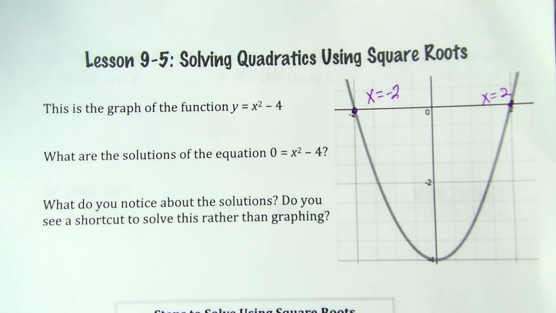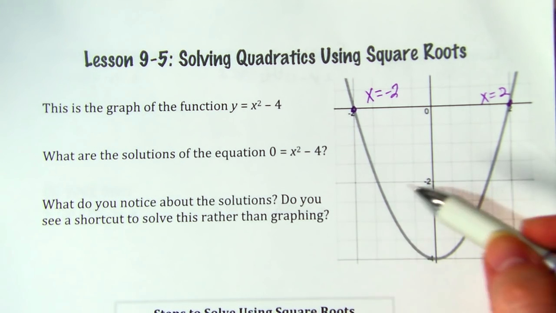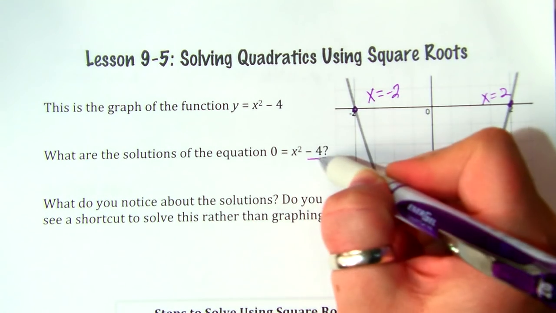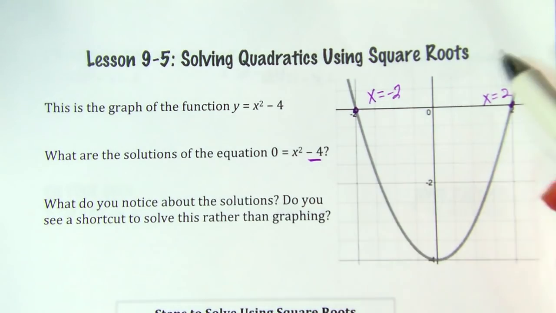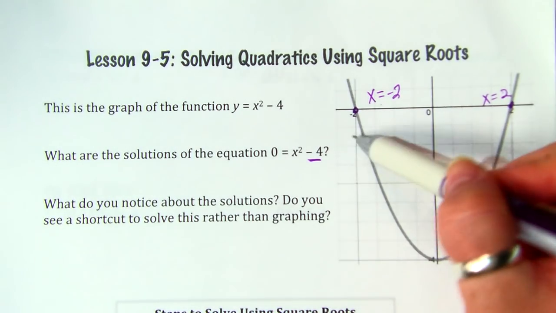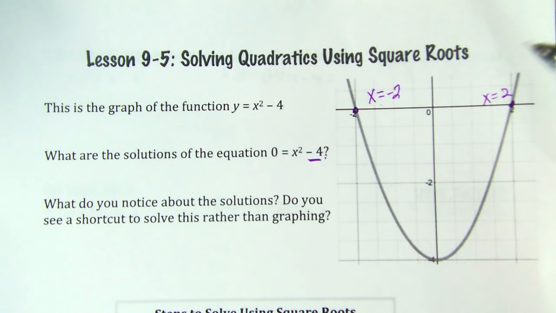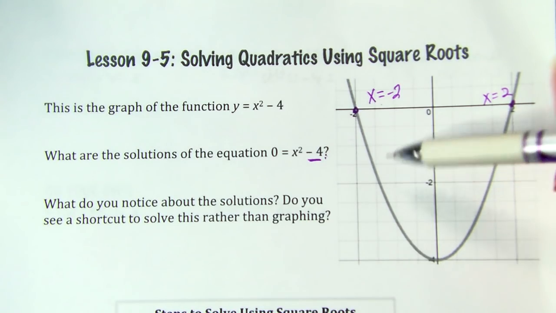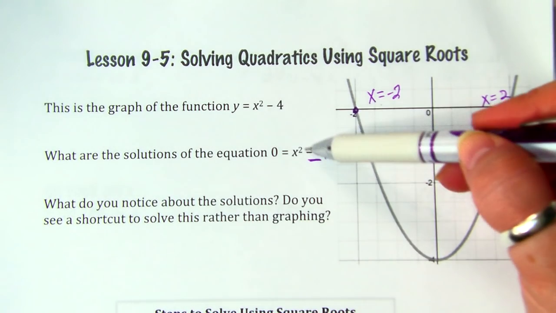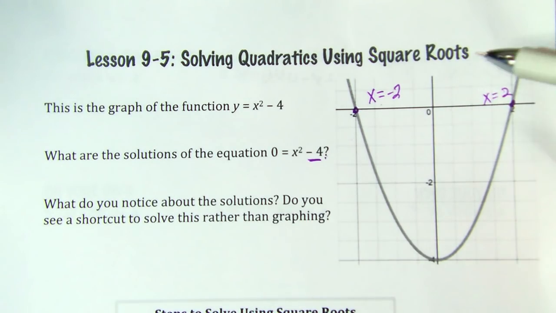So the shortcut, if you look at the number here, -4, the solutions are the square root of that number. Rather than graphing and finding the two places where it crosses for specific cases, if we solve for x and take the square root, then we can find the two answers.